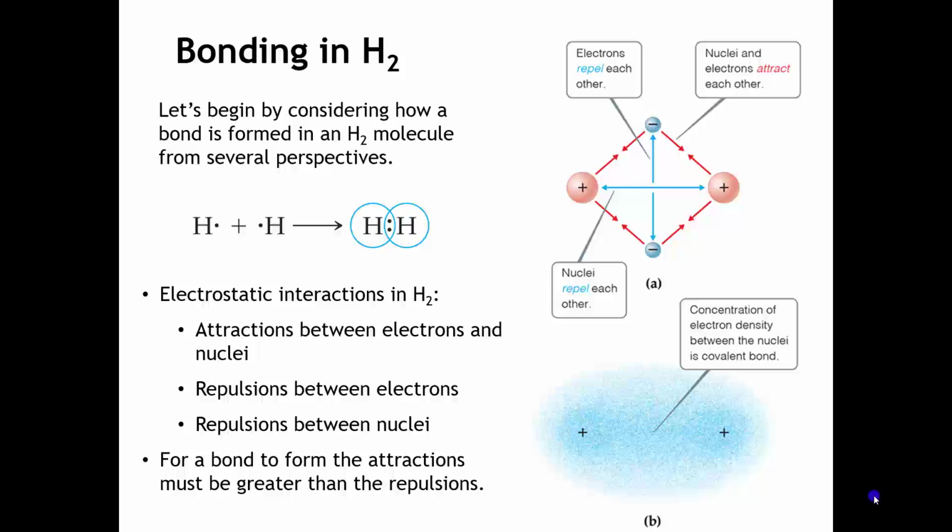The electrons and the nuclei, being of opposite charge, are going to attract each other. So if we can put a lot of electron density between the two nuclei, that's going to be favorable. That's going to lower the potential energy of the molecule. But we also have to be cognizant of the fact that the electrons are repelled from each other and the nuclei are repelled from each other.